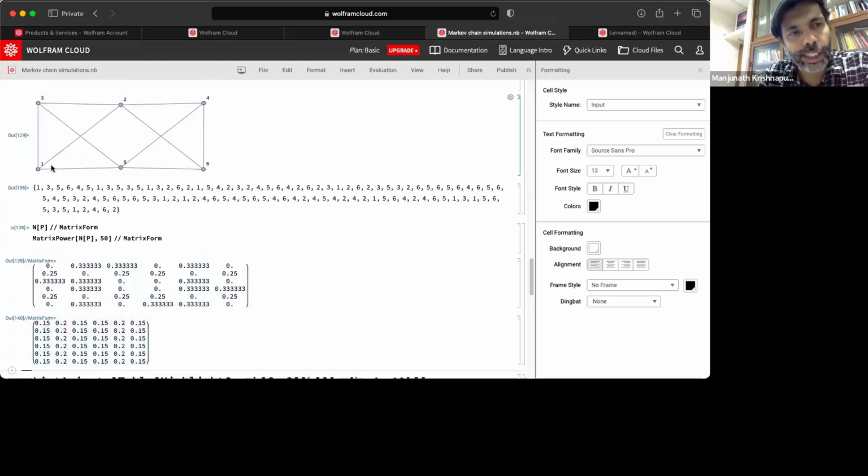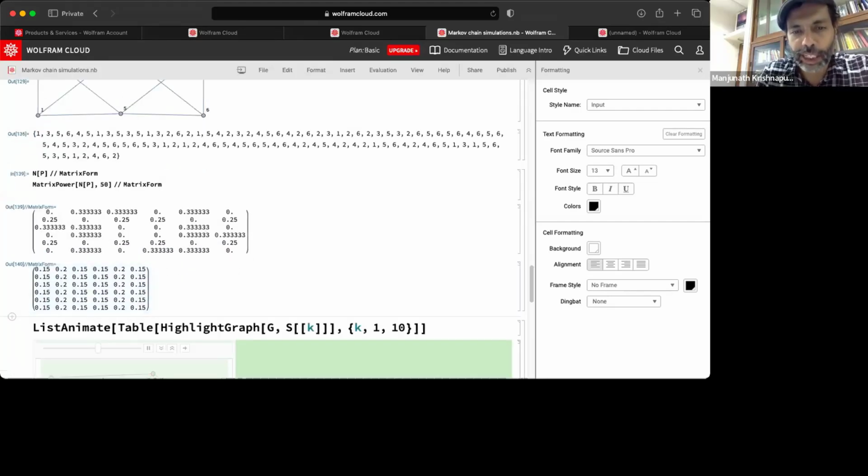This graph is symmetrical, so 1, 3, 4, and 6 look the same, but 2 and 5 look different. The vertices 1, 3, 4, 6 all have degree 3, whereas 2 and 5 have degree 4. They have 4 edges around them. So there are more ways to go to 2 and 5 than to go to 1, 3, 4, or 6. It looks like that is what this is respecting.